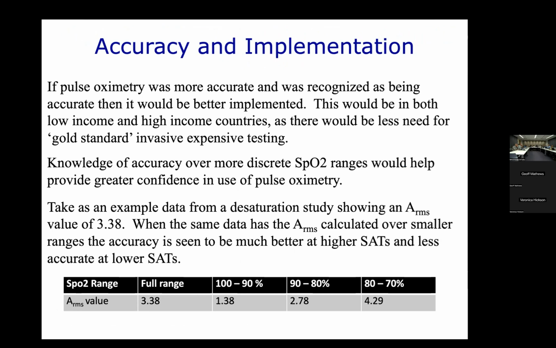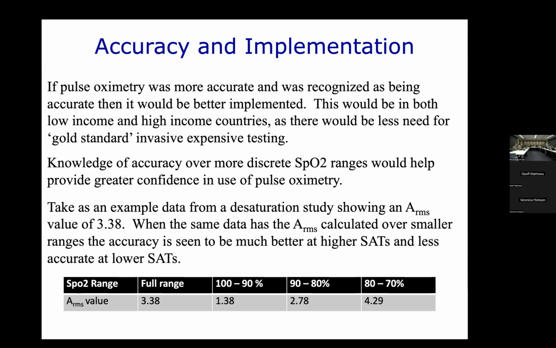Because if I looked at an example data for some ARMS plots, which gave an ARMS value of 3.38, the same data, when it was broken down into smaller ranges, gave a really good accuracy of only 1.38 ARMS at the top end of the range from 90 to 100.